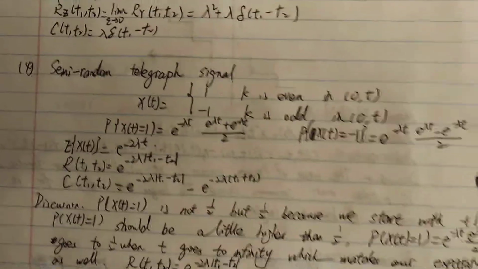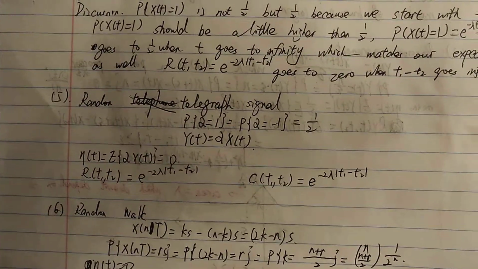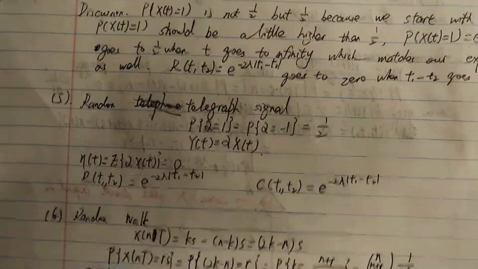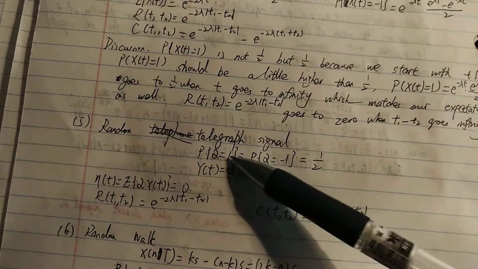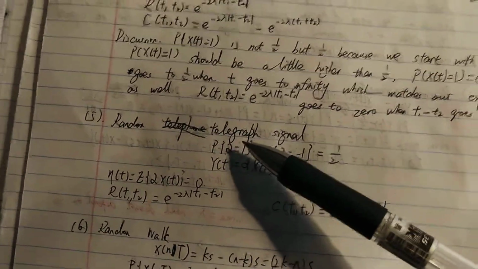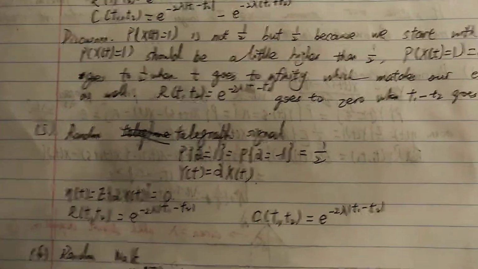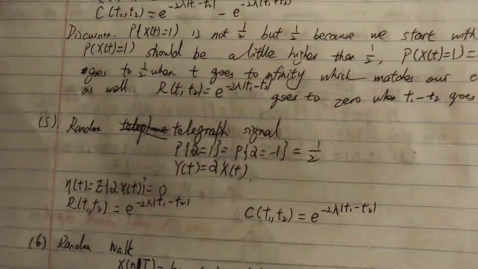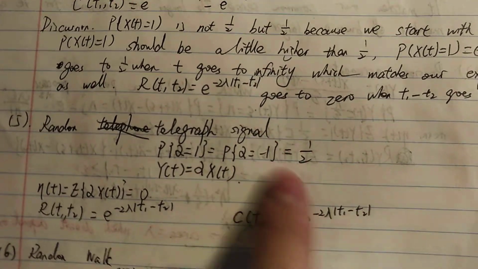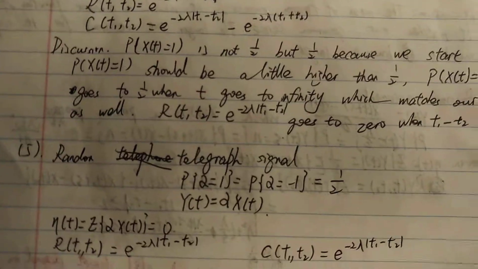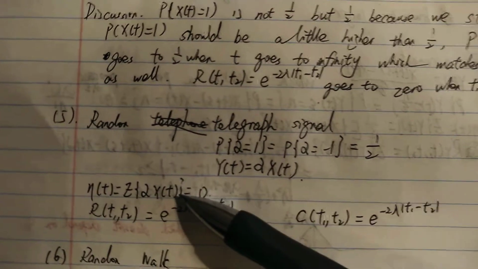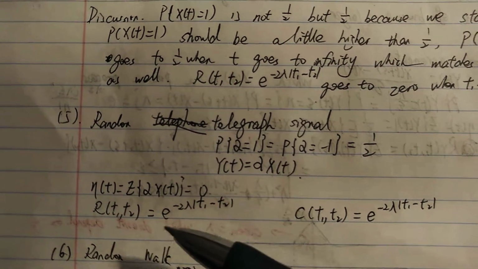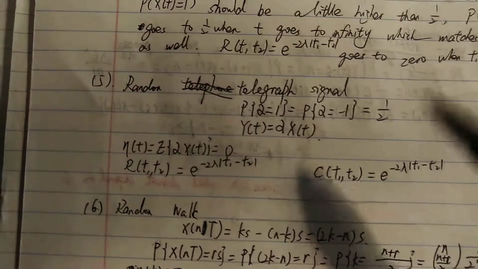And here, for the random telegraph signal, we define the random variable alpha, where the probability of alpha equal to 1 and equal to minus 1 equals 1/2, and Yt equals alpha times Xt. The mean equals 0, and the autocorrelation is here, the autocovariance is here.